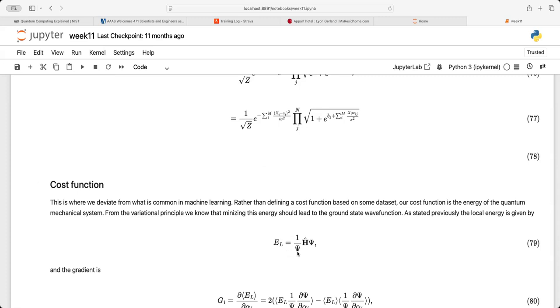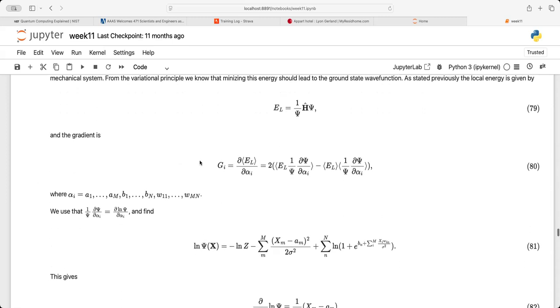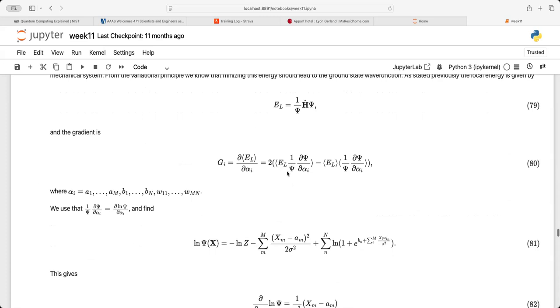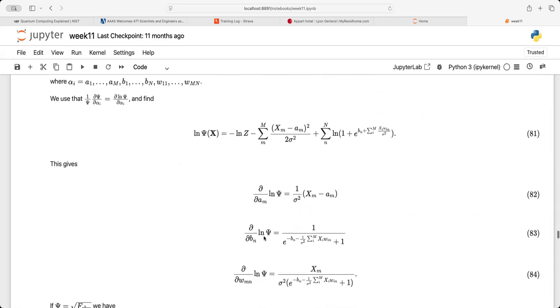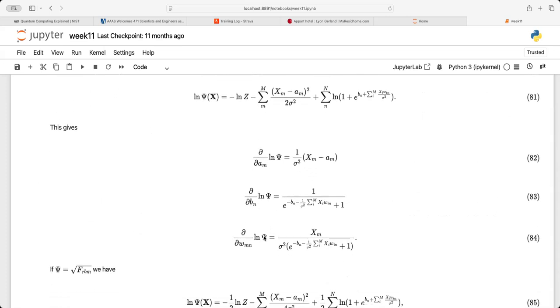So in a way, this doesn't appear in the calculations. It makes life much easier when we set up the Monte Carlo machinery. So at the end, we don't need to worry about this quantity, which is actually the nasty quantity. And at the end, we end up setting up these expressions, and what you will find here are the derivatives with respect to the different parameters, which we need to calculate.